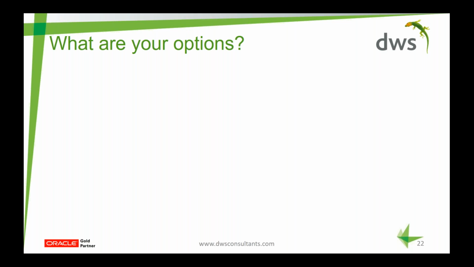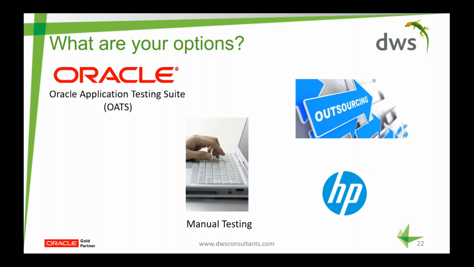So let's look for a moment at what are the options available to you when it comes to the actual management of the testing phase of your system. Now, the main affordable options that have been available until recently are the Oracle Application Testing Suite, or OATS, manual testing, of course, or those larger companies with larger budgets may consider outsourcing to a testing services company or using something like the HP Testing Suite.